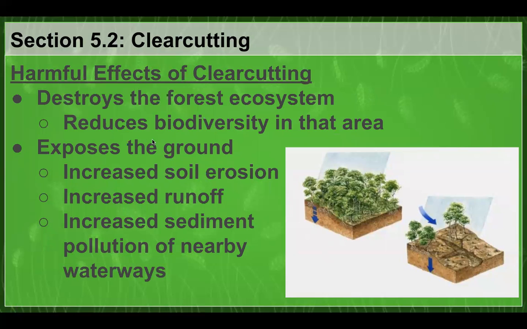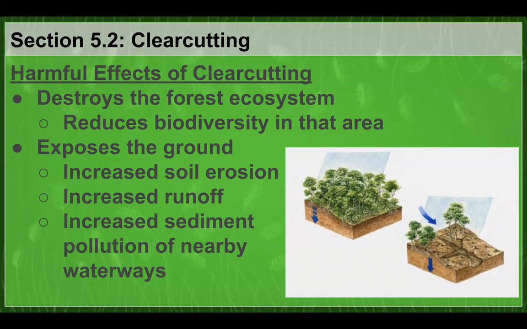Some of the harmful impacts of clear cutting, now that we have gone over some of the benefits, is that it destroys the forest ecosystem. By removing the trees and other plants, that land is no longer going to be suitable for other plants that may have depended on the tall trees. It's no longer going to be suitable for animals that depended on those trees for their habitat.